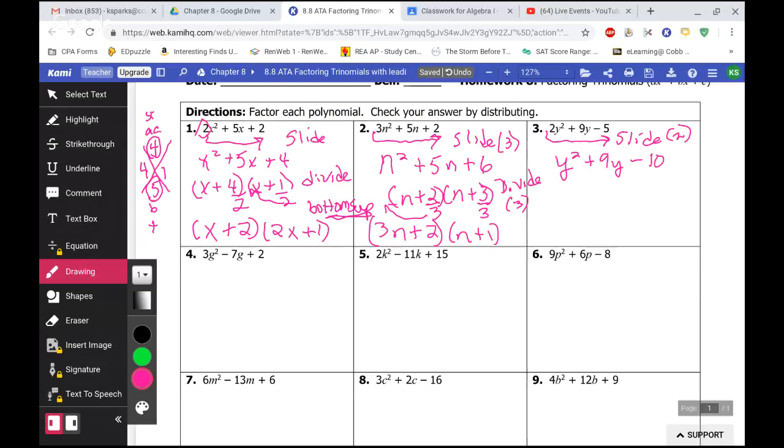So now I'm going to draw my X down here. I'm looking for two terms that multiply together to give me a negative 10 that when I add them, give me a positive 9. That's my B term down there. That means one is going to be negative, one is going to be positive, and the bigger one is going to be positive. So what would those two be?